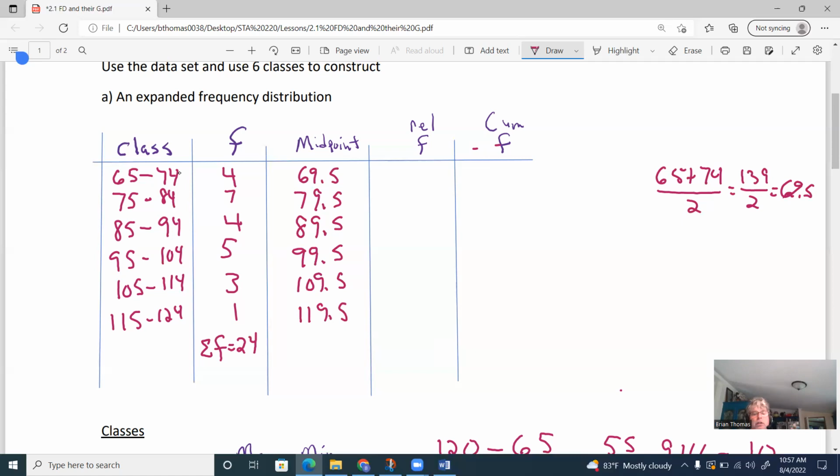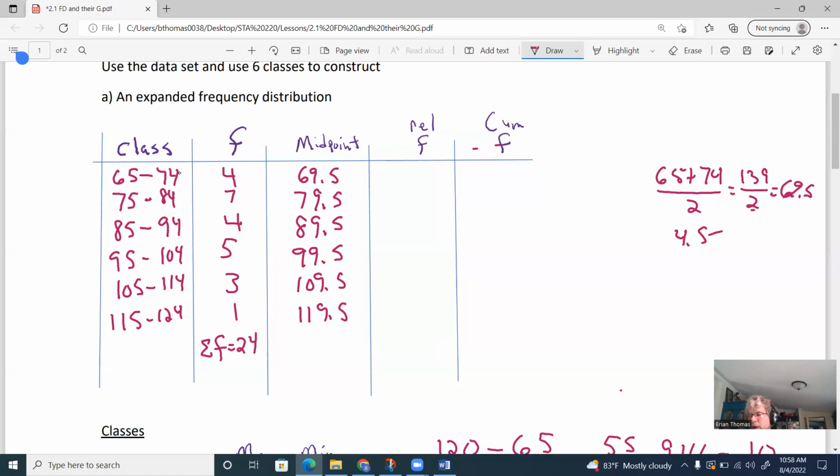So notice that the 4.5, if you subtract 4.5 from the midpoint, that would give you the lower class limit of 65. If you add the 4.5 to the midpoint, that would give you this upper class limit. So if I find the range, which was 9, divide by 2, that would also tell me how far apart the lower class limit and the upper class limit are from the midpoint.